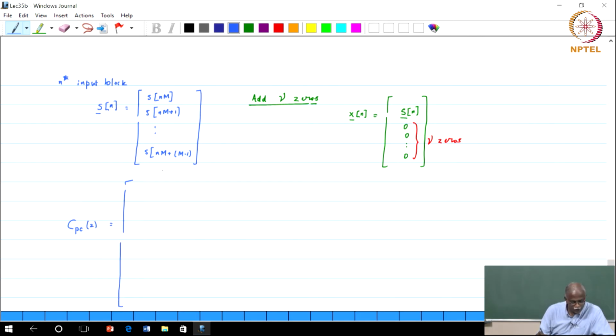Okay. So, it is a nu tap channel. So, the first column is going to be C0, C1, C2, dot dot dot, C nu. Okay. By the way, the first thing is the dimensions of the pseudo circulant matrix is actually N cross N, where N is equal to M plus nu. Okay. Now, I am basically writing down the matrix that I need for the convolution of the vector x with the pseudo circulant matrix.